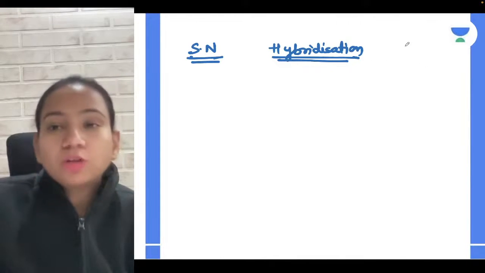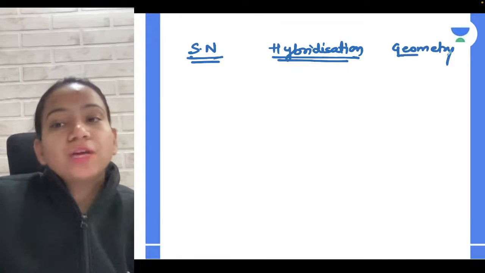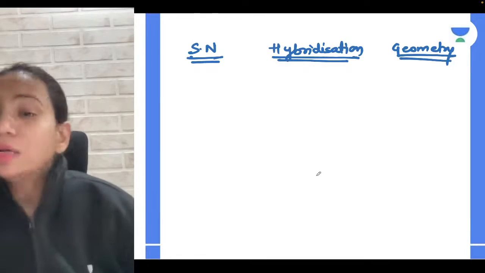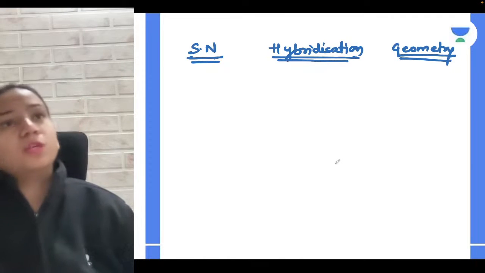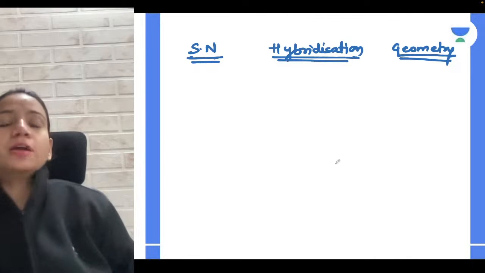For a particular steric number, guys, remember there is a fixed geometry and fixed hybridization. It doesn't matter how many lone pairs or bond pairs you have; if you have a particular steric number, you will have a particular hybridization.